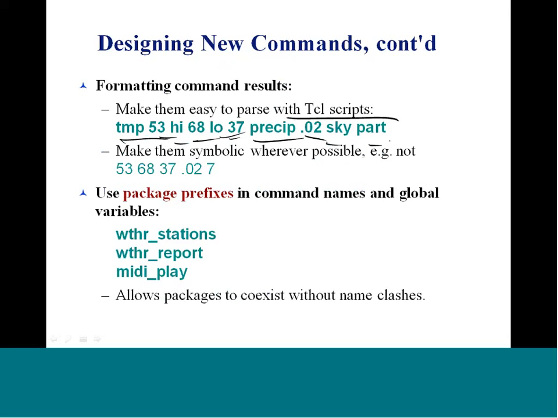It's very hard if you are using these numbers, so we have to convert them to symbolic names wherever possible. So we don't use 53, 68, 37, .02 and 7. Instead we need to replace them by things like high temp, low temp, and so on.